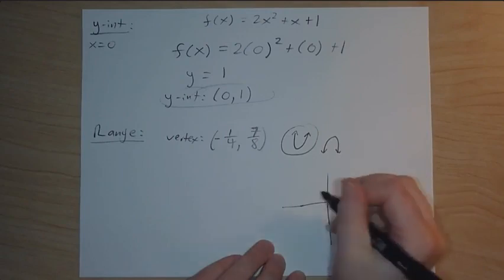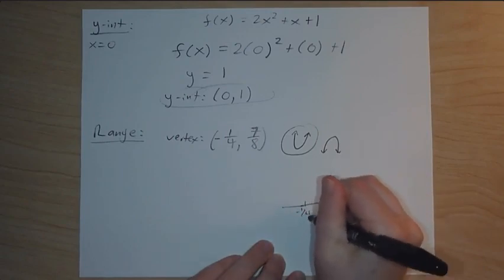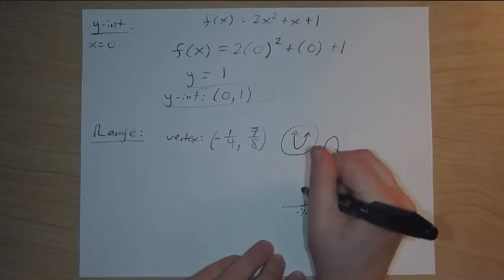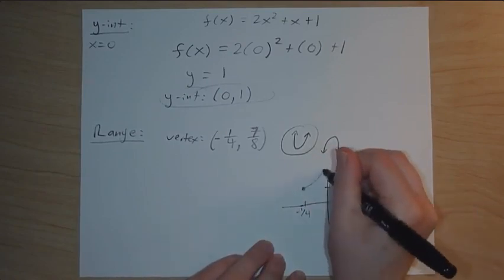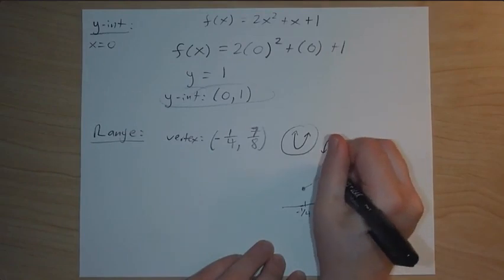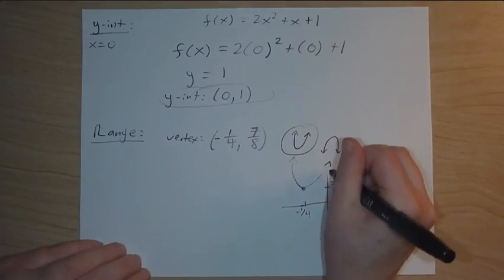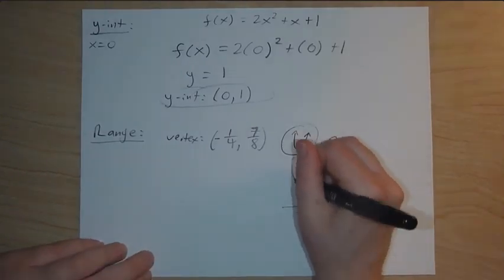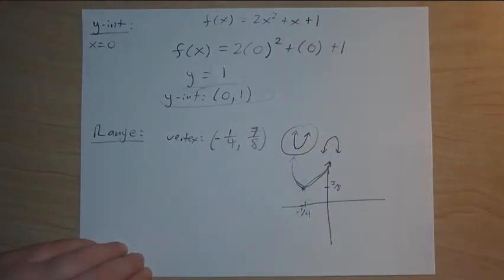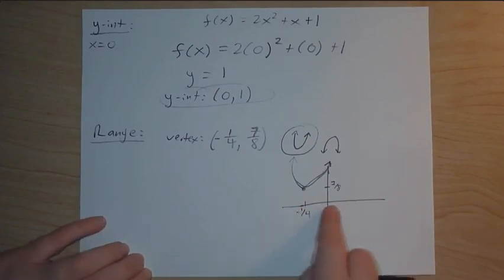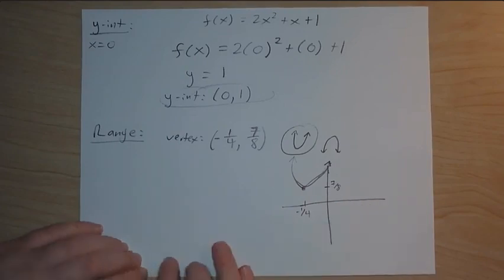We have our vertex at negative 1/4, somewhere at 7/8. So it's up here, and it opens upwards. And you'll notice that this is also the reason why we had no x-intercepts. It never actually touches the x-axis.